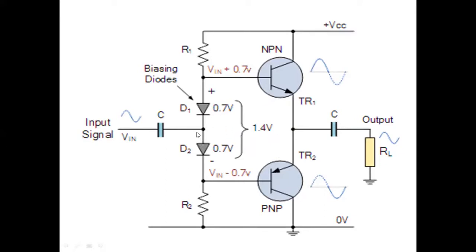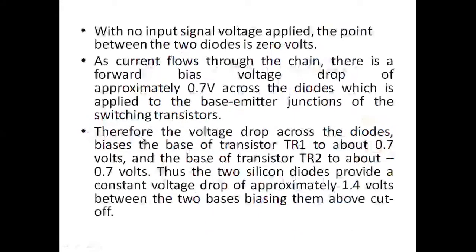Because of these two diodes, this diode provides 0.7 volts for the base emitter junction of transistor T1, and this diode provides minus 0.7 volts at the base emitter junction of the second transistor, when we are applying some input signal.